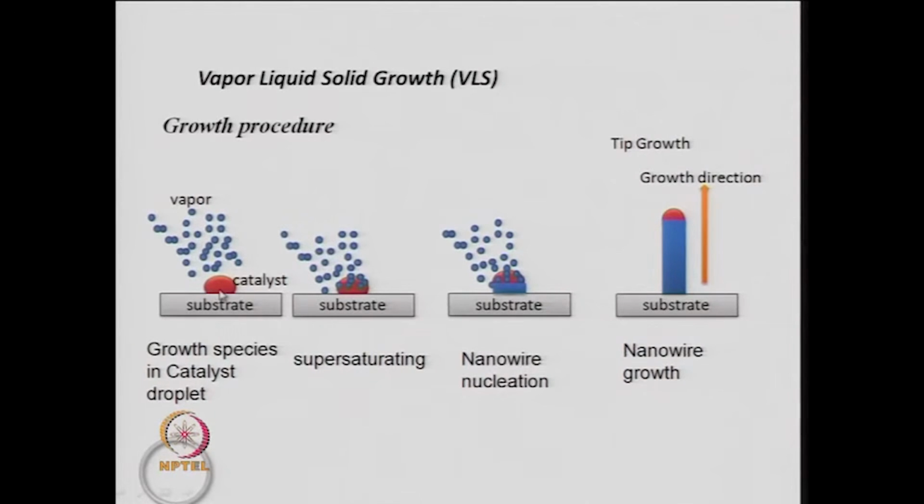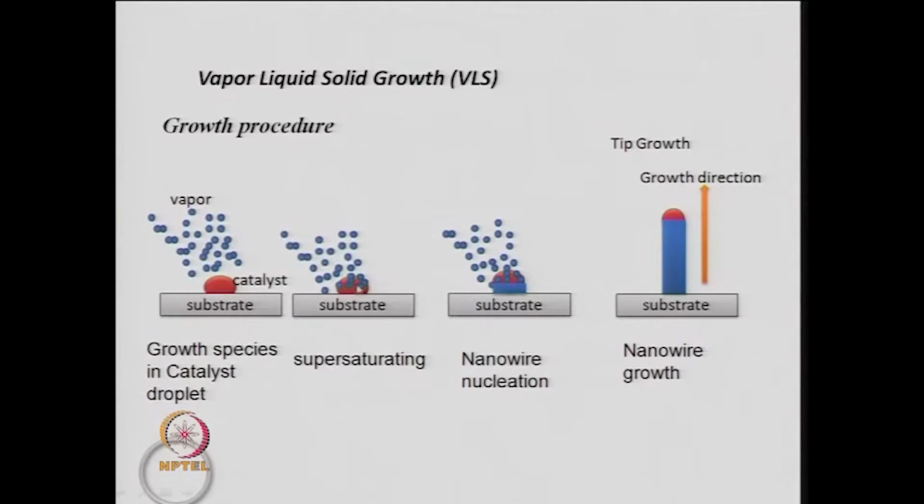So, it is in the liquid state, and the material which we want to grow as a nanowire is in the vapor phase. So, you somehow make that material form a vapor, either through high temperature or through some other methods, and those molecules in the vapor phase get into the metal globule.